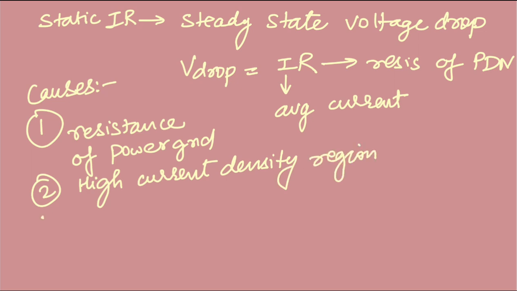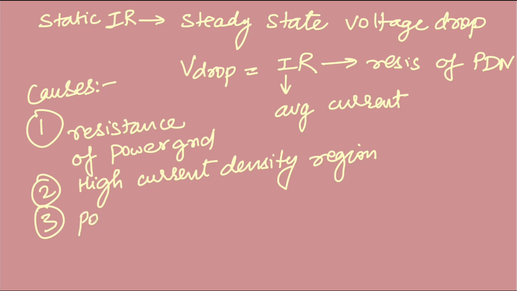Wherever high current density is seen, it is not because of cell density, it is usually because of current density. Cell density can be there, but if those cells are not consuming that much current, then that is not really the cause. We need to identify high current density regions.